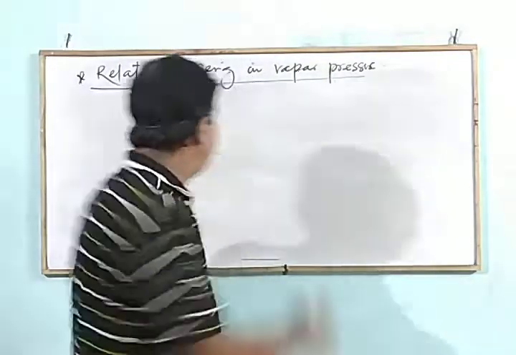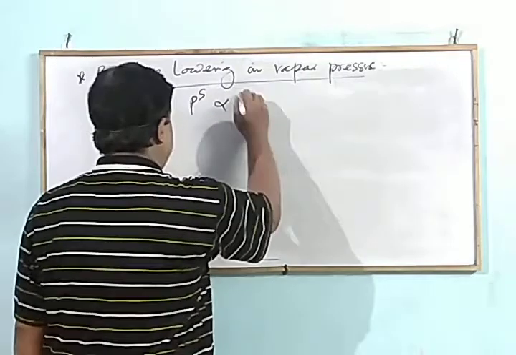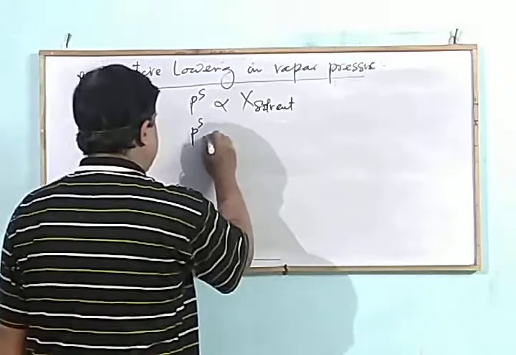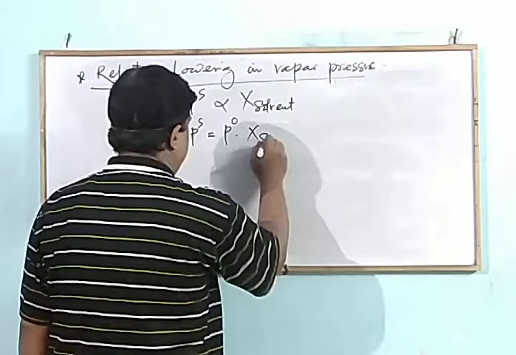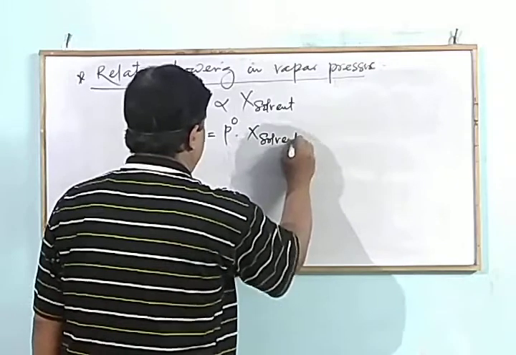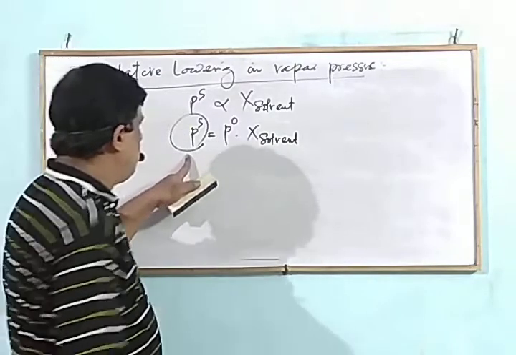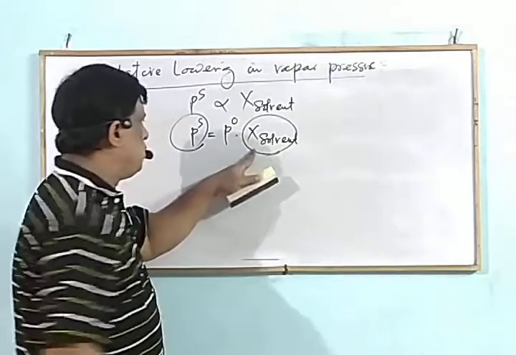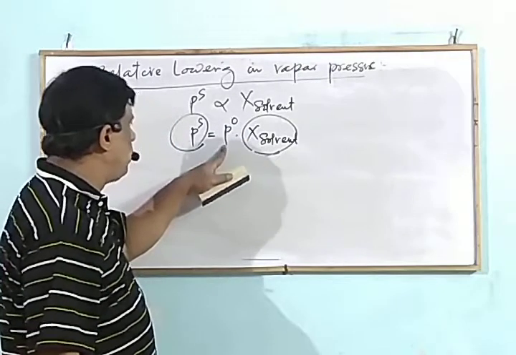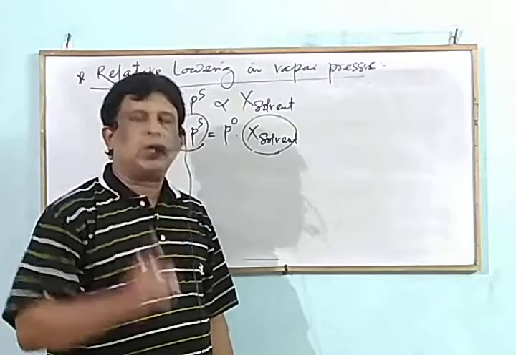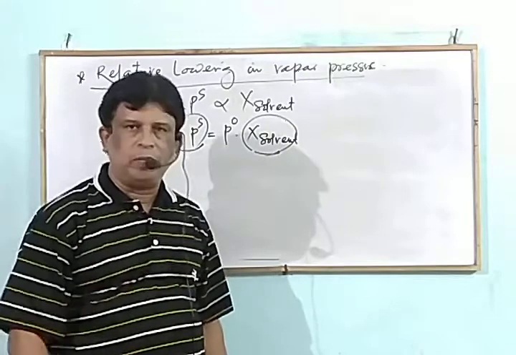That is mathematically Ps proportional to X solvent, or Ps is equal to P naught into X solvent, where Ps is known as vapor pressure of the solvent over a solution, X solvent is the mole fraction of the solvent, and P naught is a proportional constant which is known as vapor pressure of the solvent in a pure form.